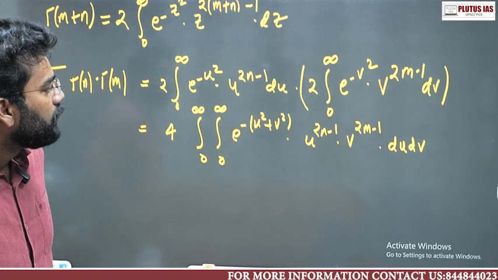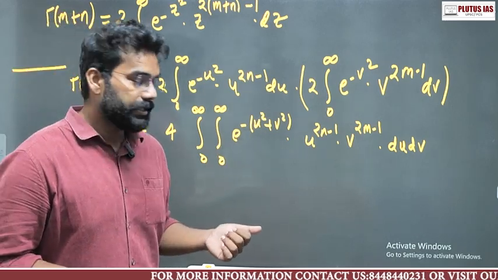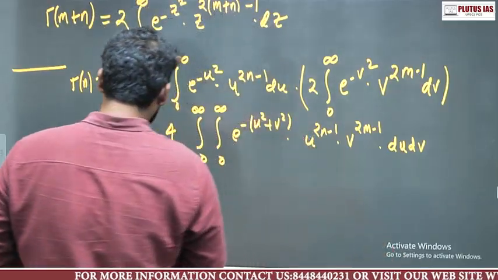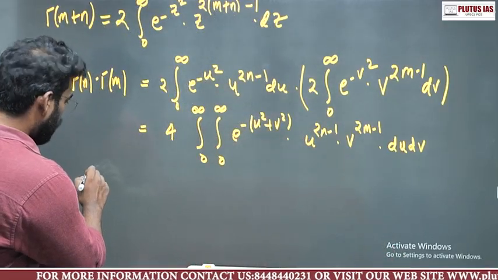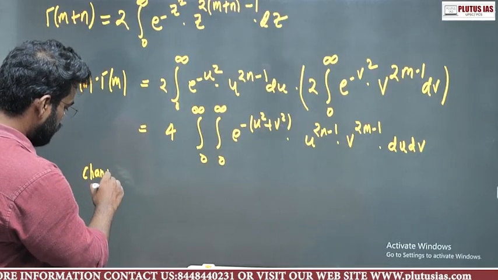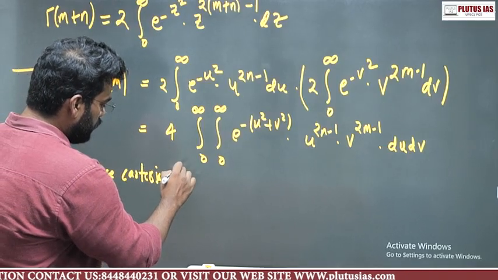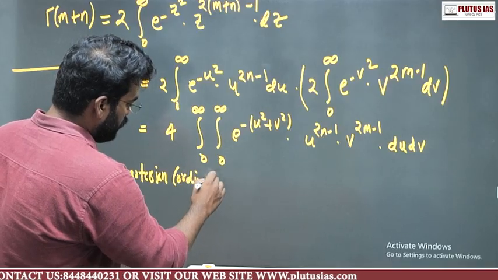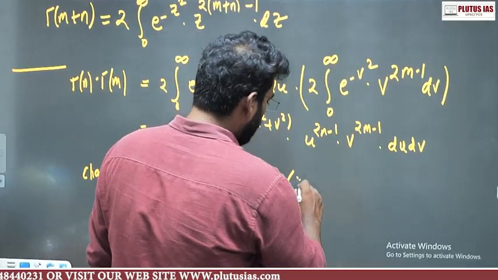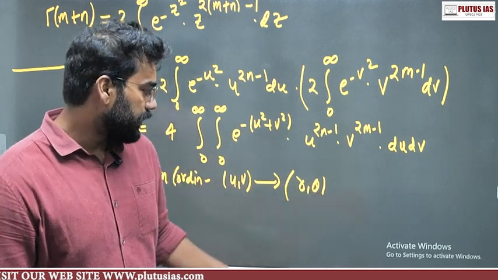Now you have to change the Cartesian coordinates u, v into polar coordinates r and theta.